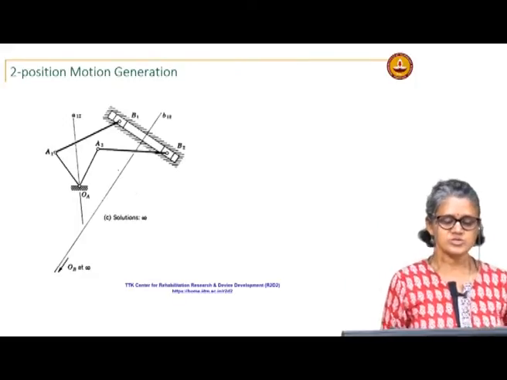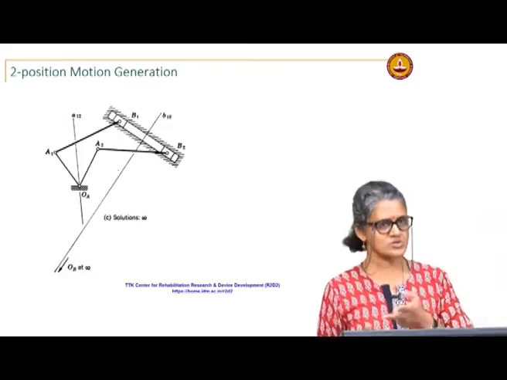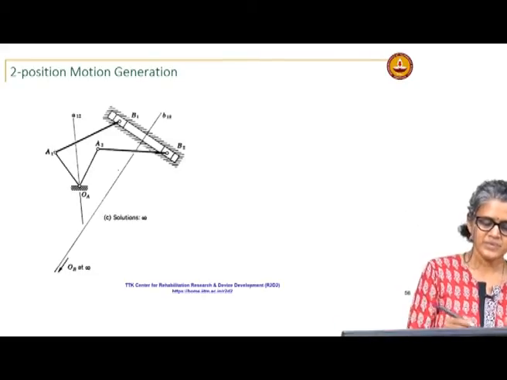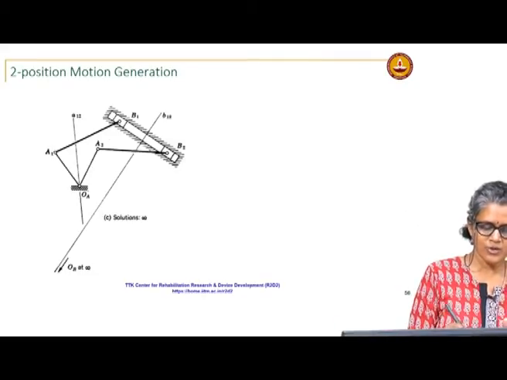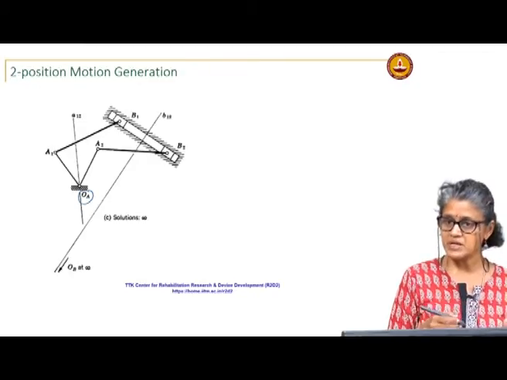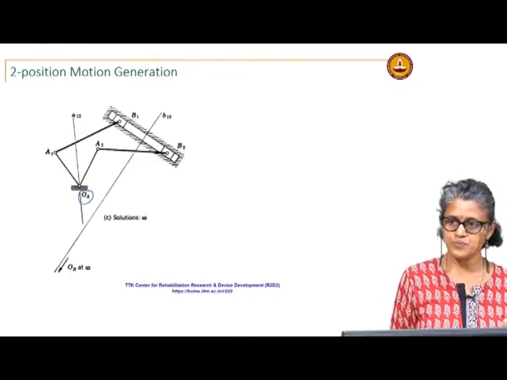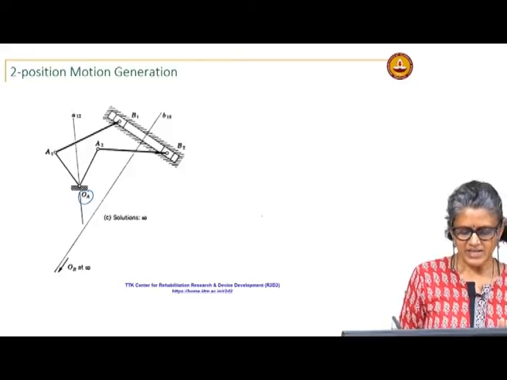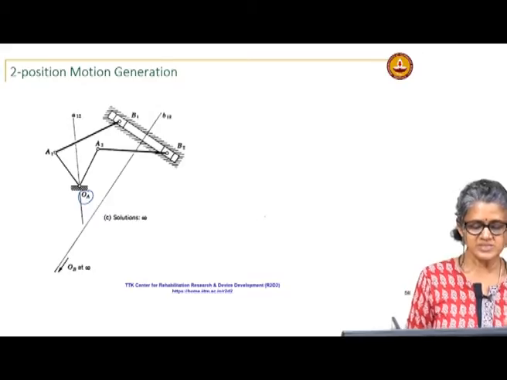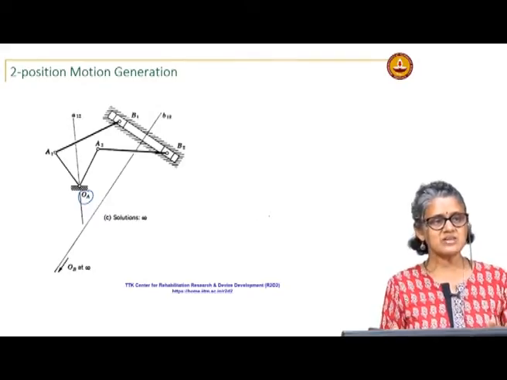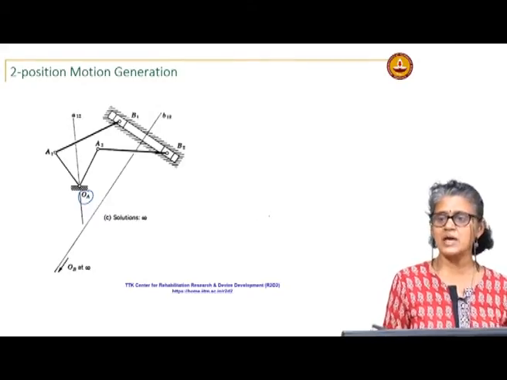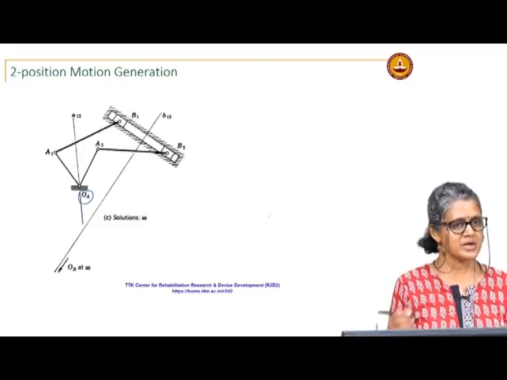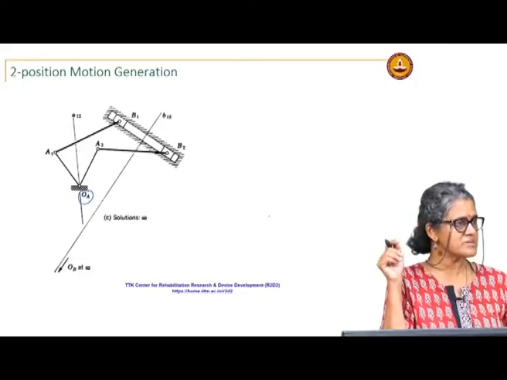Okay. In this case, with only 2 positions, it is a straight line, so I do not really need the perpendicular bisector. Then for A1 A2 I locate OA somewhere on the perpendicular bisector of A1 A2. So, I get a slider crank. Now what happens? I still have an infinity of solutions based on where I pick OA. However, my slider path now becomes fixed.